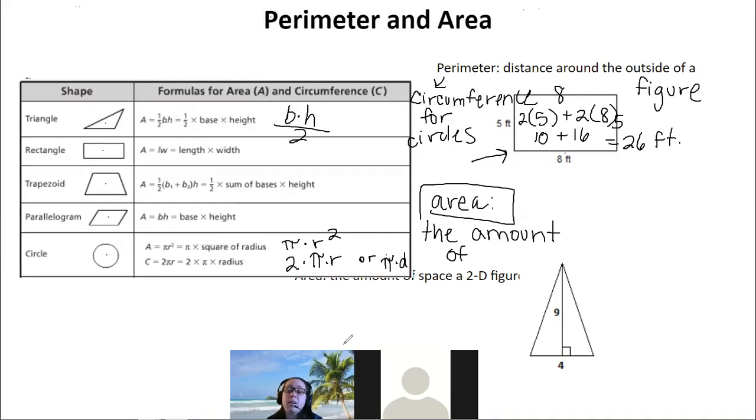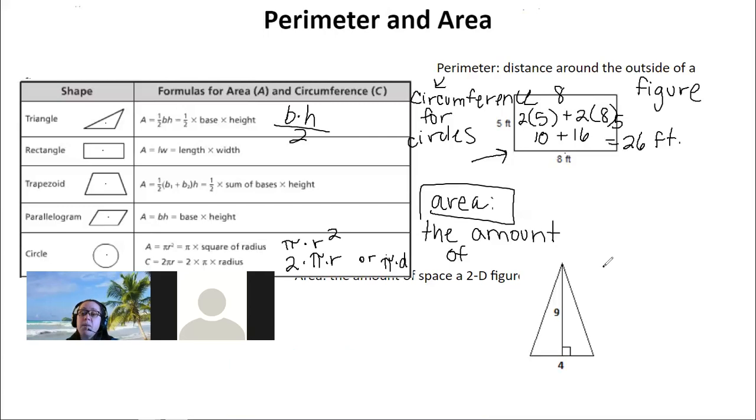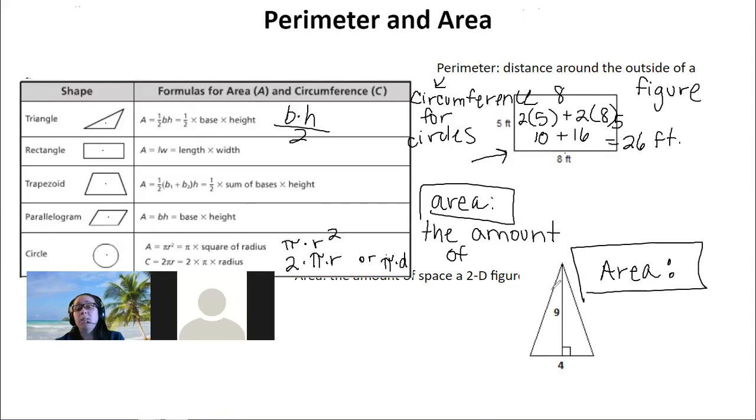What about the area of the triangle down here? How would I find the area of this triangle? What would I multiply? Base times height, and then what? I would go 9 times 4, and then I would divide by 2. Yeah, good job. So 9 times 4 is 36, divided by 2.